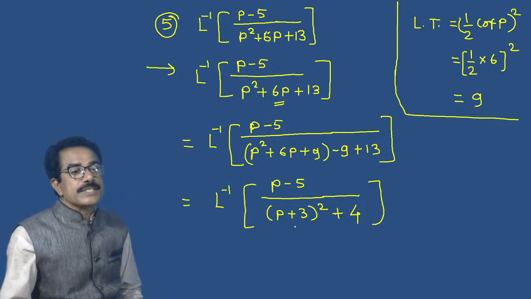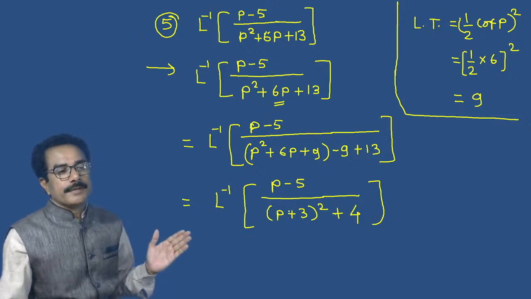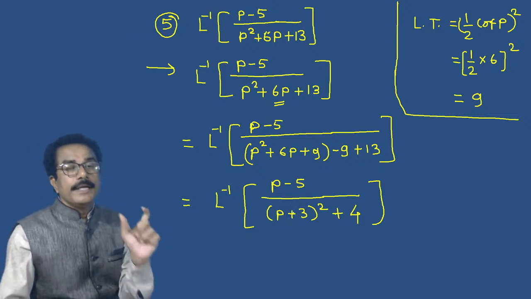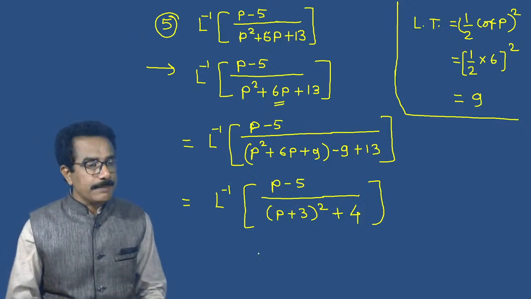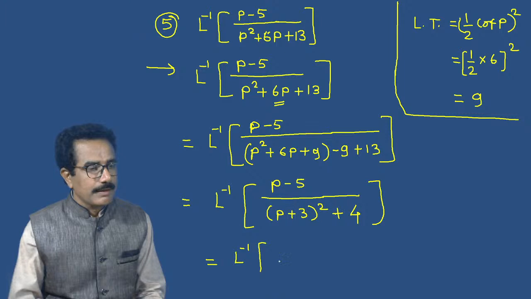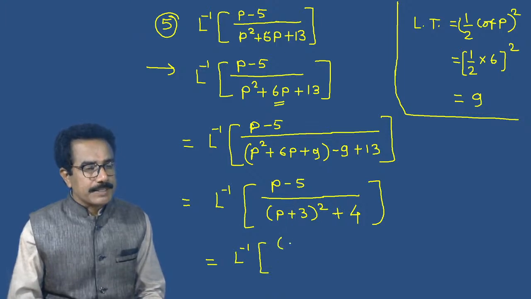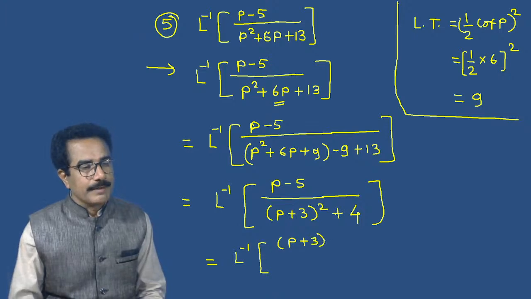Now in this case, p plus 3 bracket square, suppose p plus 3 is a single variable, then we can use the shifting theorem. So first of all we have to adjust for the shifting theorem. The denominator is p plus 3, so we have to adjust p plus 3.